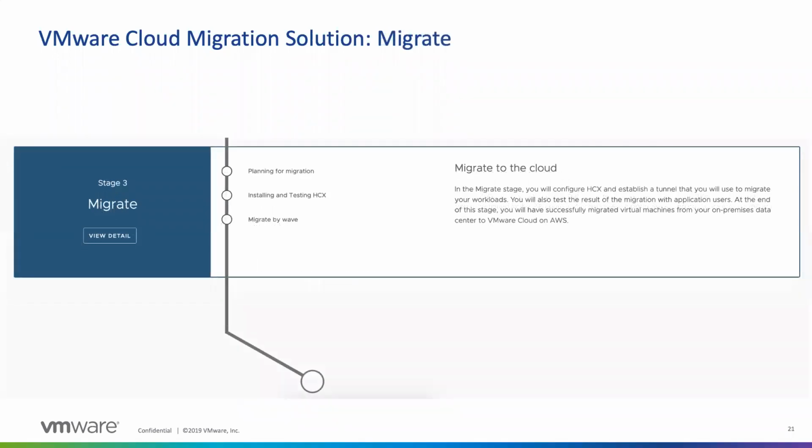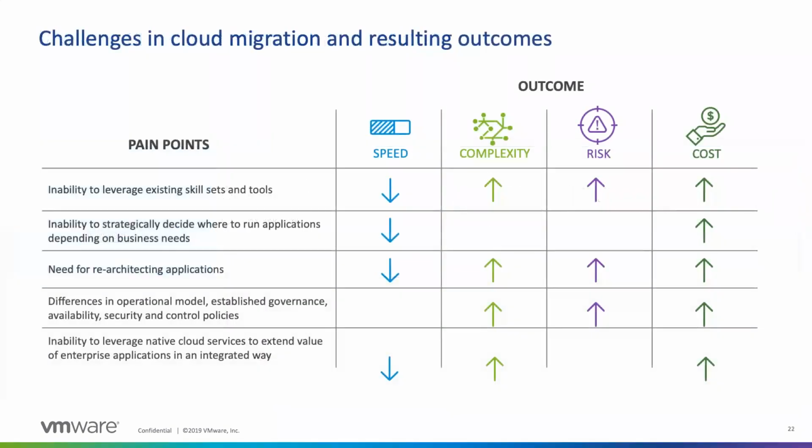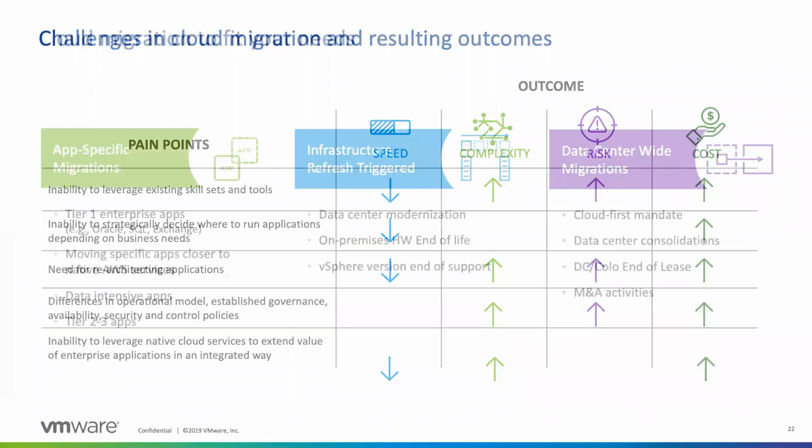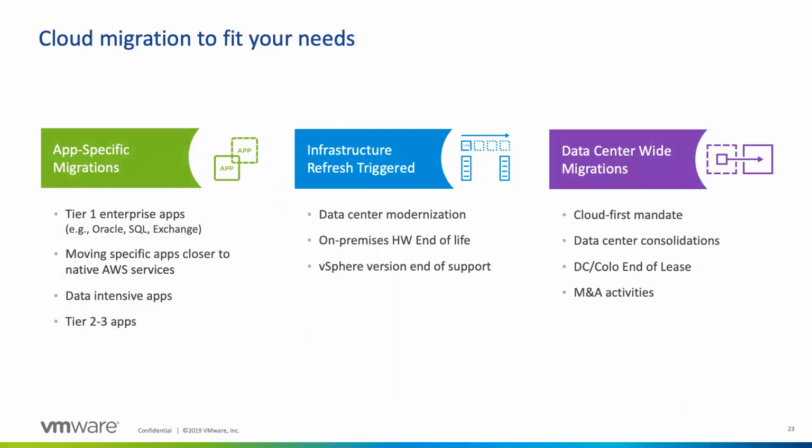And then finally, we're going to plan the migration, we're going to install HCX, and we're going to migrate by waves. And we'll go into a lot of detail about what that actually means. Okay, so I think I've talked about the majority of these items. I'm going to go past that and get right into how we actually do this migration.